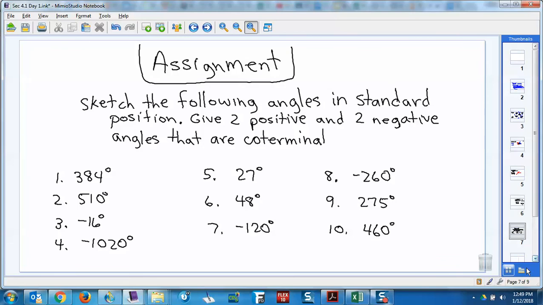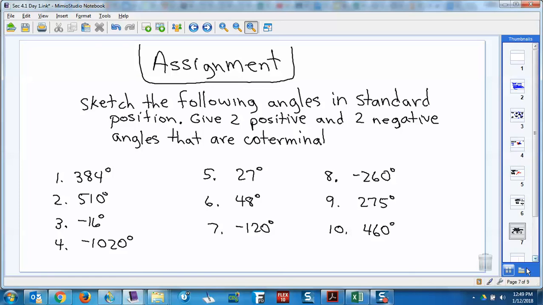That is just coterminal. So, there's your homework to sketch. You're going to have 10 pictures. Do not put these all in one picture, please. That would really be a mess. I want 10 separate sketches with an XY coordinate system and then that angle. You're just going to estimate. You don't need to get out a protractor.